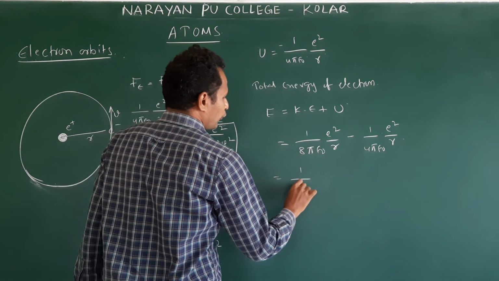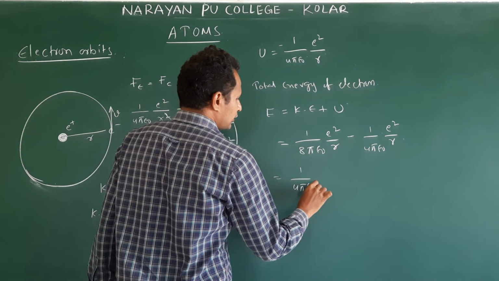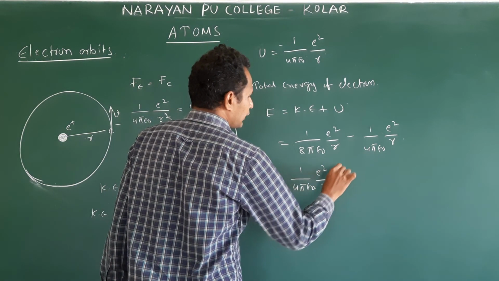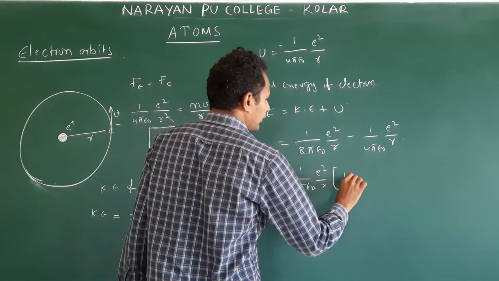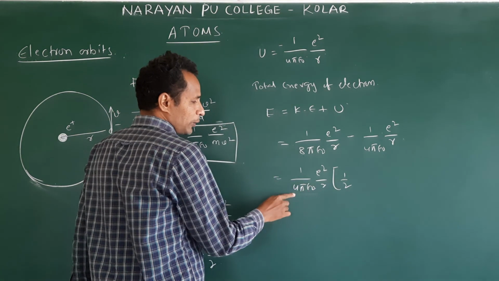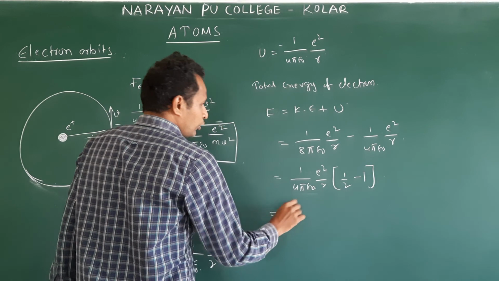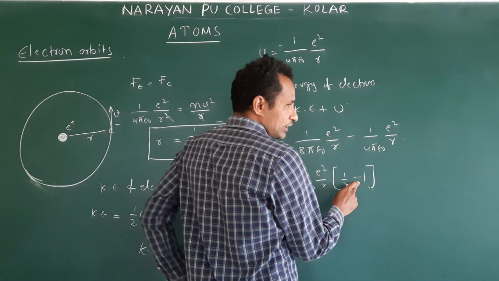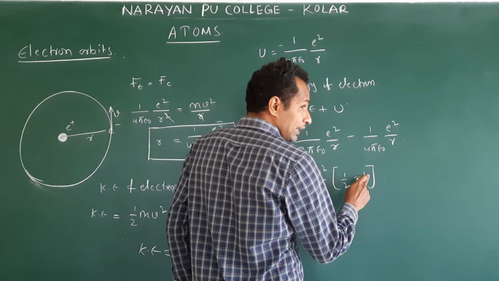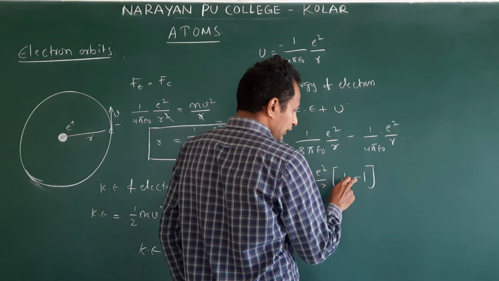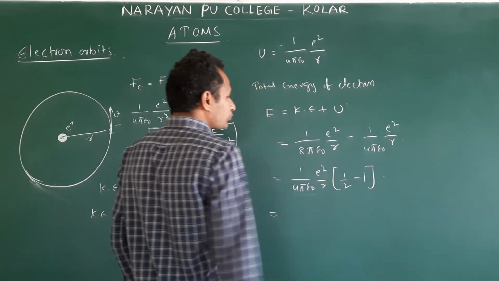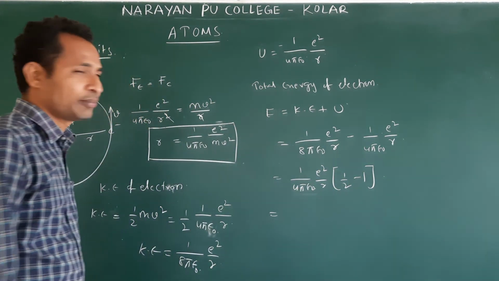So 1 by 4 pi epsilon naught e square by r we will take common. Here what is there? 1 by 2, because 1 by 4 pi epsilon naught we take common. Minus 1. So half minus 1, which is greater? Half greater or 1 greater? 1 is greater. Right? But we have given minus. So half minus 1 is minus half.